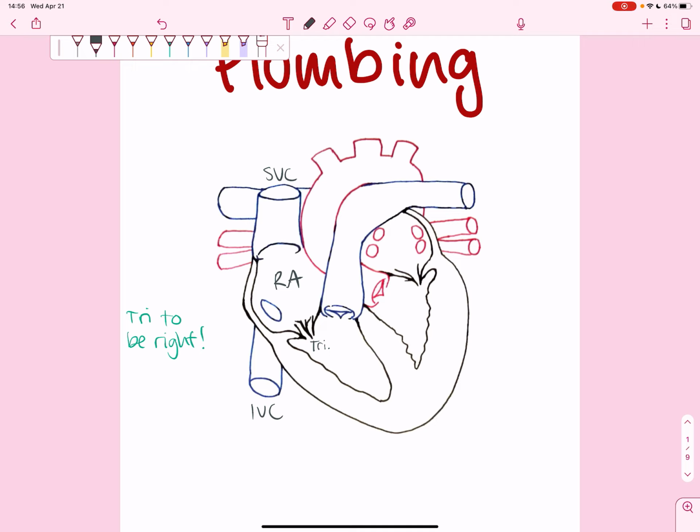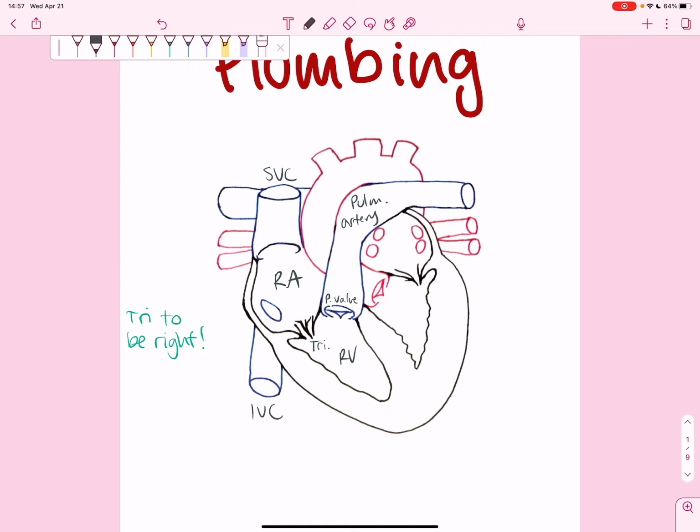Okay, now the right ventricle, right here, then into the pulmonary valve. It's this thing right here, but I'm just going to label it as P valve. All right, and then the pulmonary artery. Pulmonary artery.